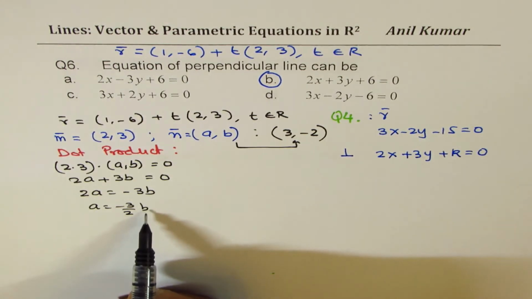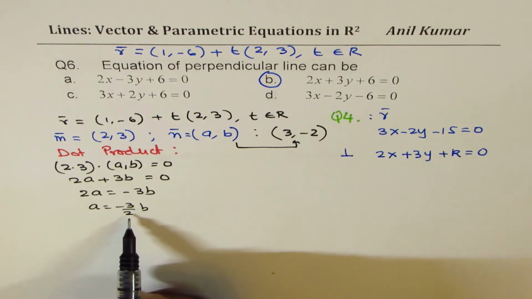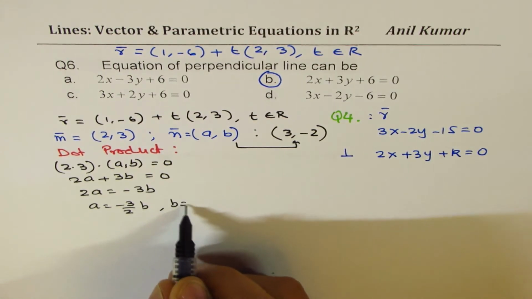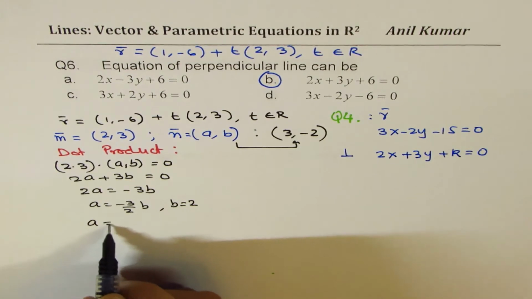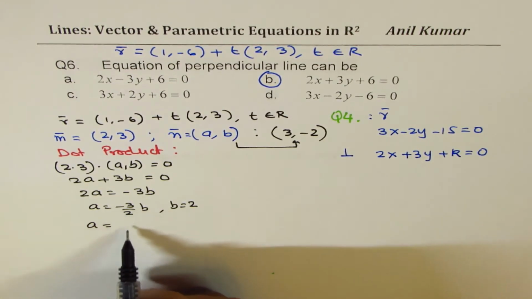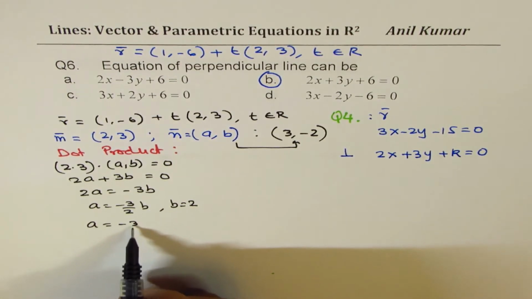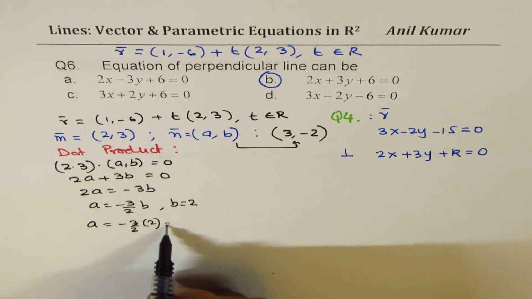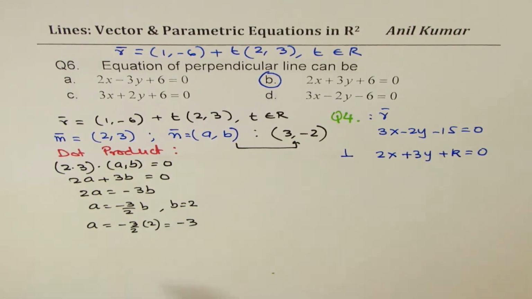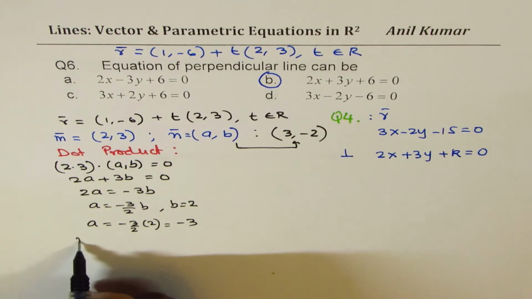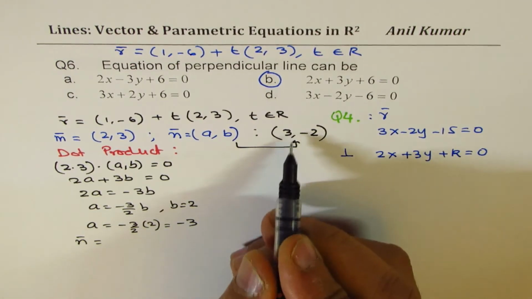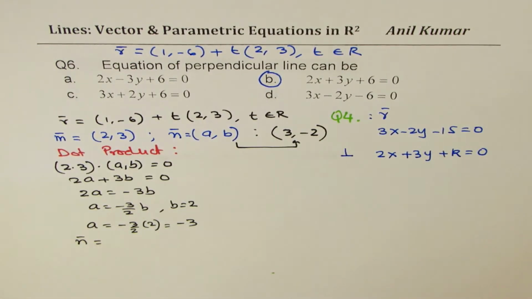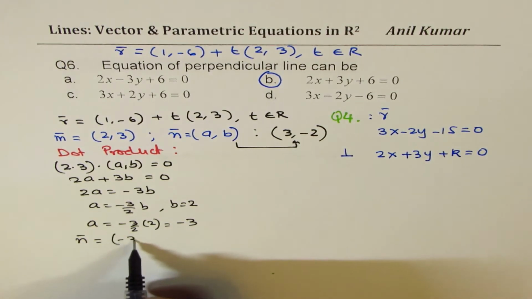Take a value of b so that we avoid fractions. Taking b equal to 2 will help us get a round natural number, right? Integer, you can say. So we get minus 3 over 2 times 2, which is minus 3. So we get our normal as expected, but with different signs this time, which is minus 3, 2.